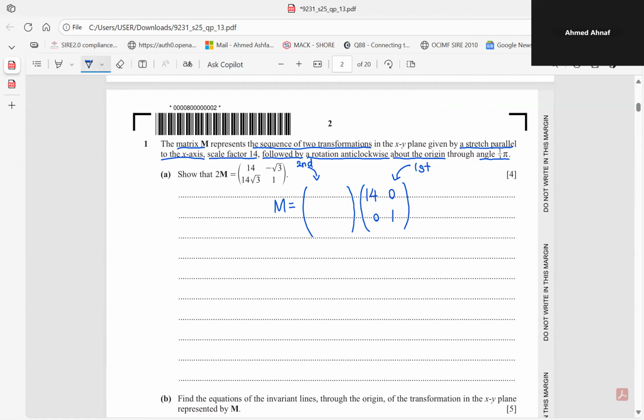Now moving on to the second transformation. It's an anti-clockwise rotation about the origin through angle pi over 3. For any anti-clockwise rotation about the origin, the general matrix is cosine theta, minus sine theta, sine theta, cosine theta.